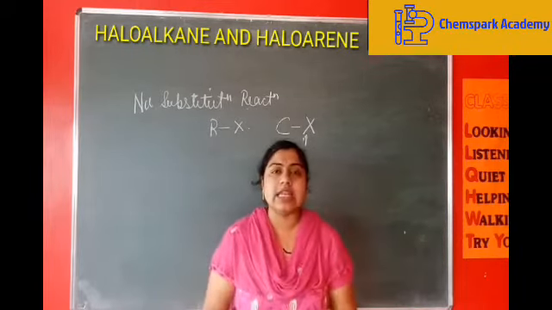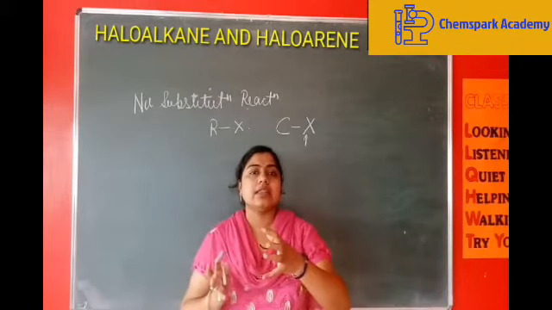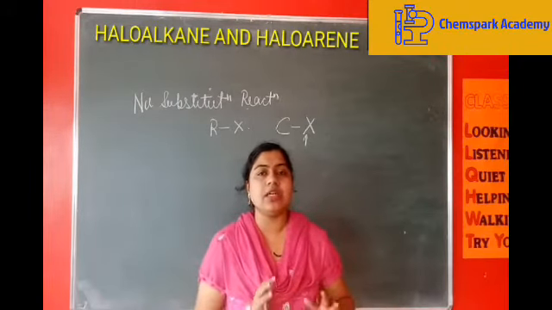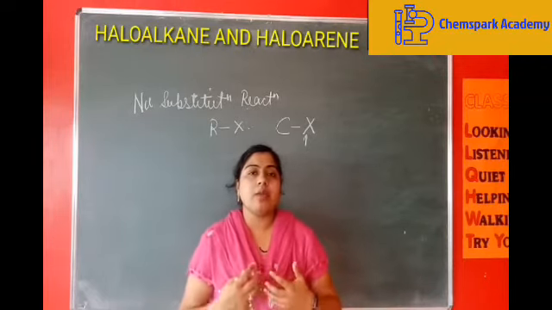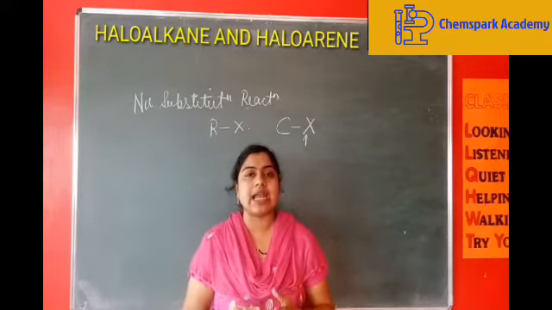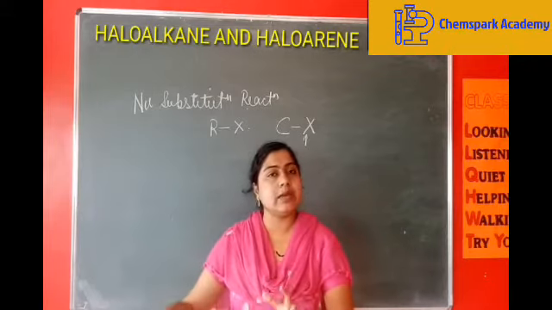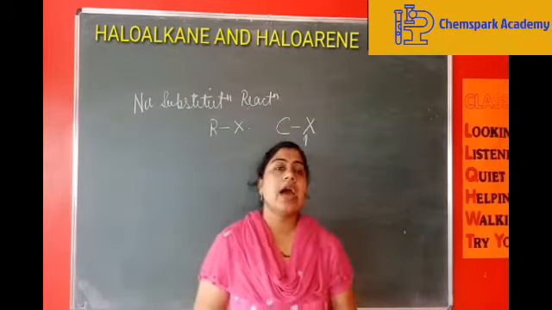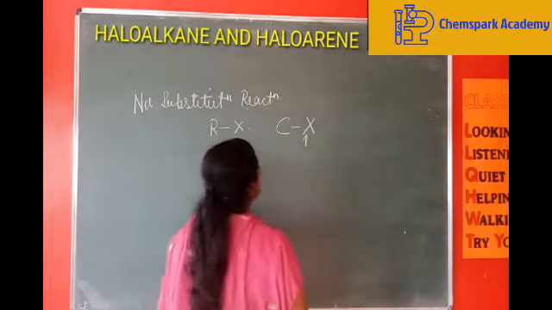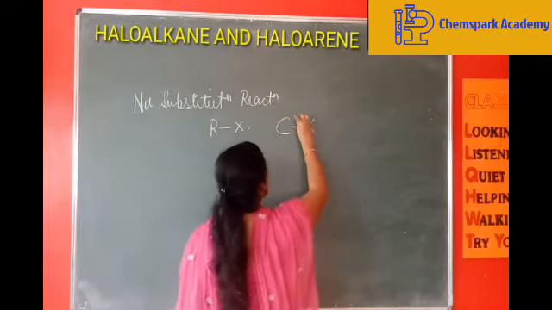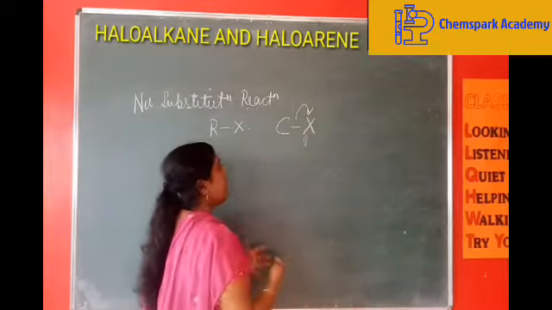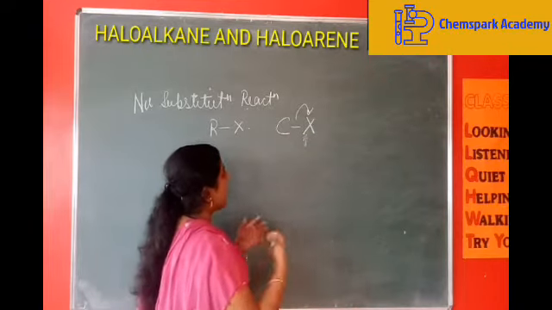We have seen that as the size of the atom increases down the group in halogens, the bond becomes less stable, that is, it can be easily broken. So, in this bond, the atom which leaves, that is the halogen, will take the shared pair of sigma electrons and go off.